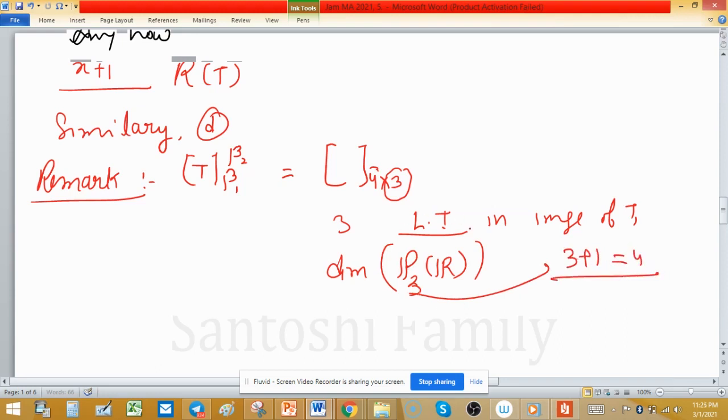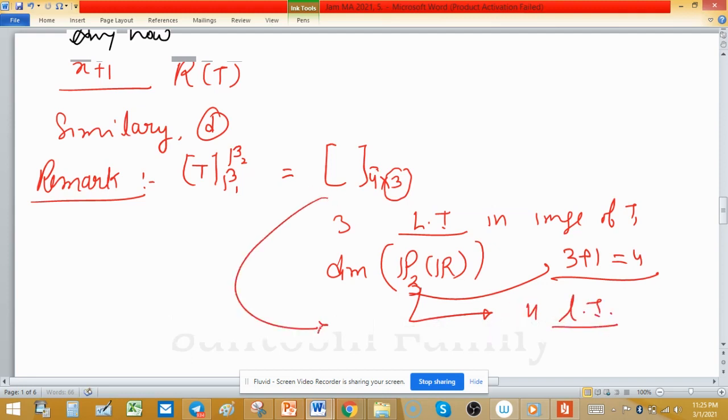So this contains 4 linearly independent vectors, and this contains 3 linearly independent vectors. So it is not an onto map.